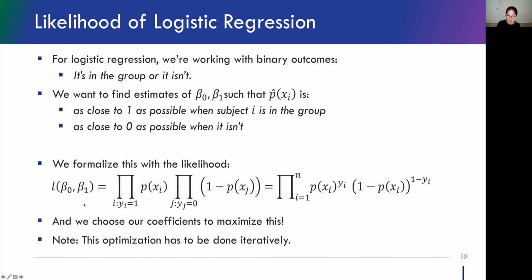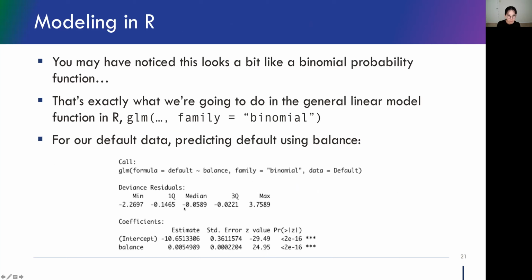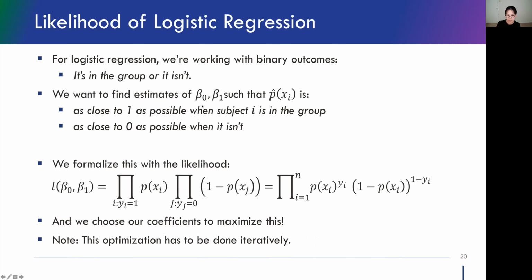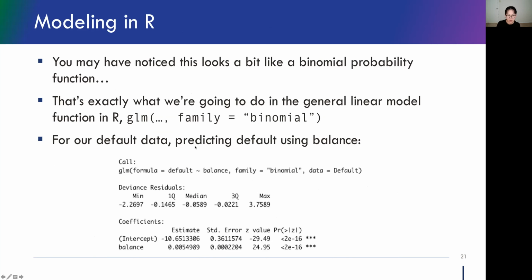This is not as easy as taking the derivative and setting it to 0. So this optimization has to be done iteratively. We just use R to do the calculation for us. If you pay attention to this formulation, it's kind of like a binomial probability function.